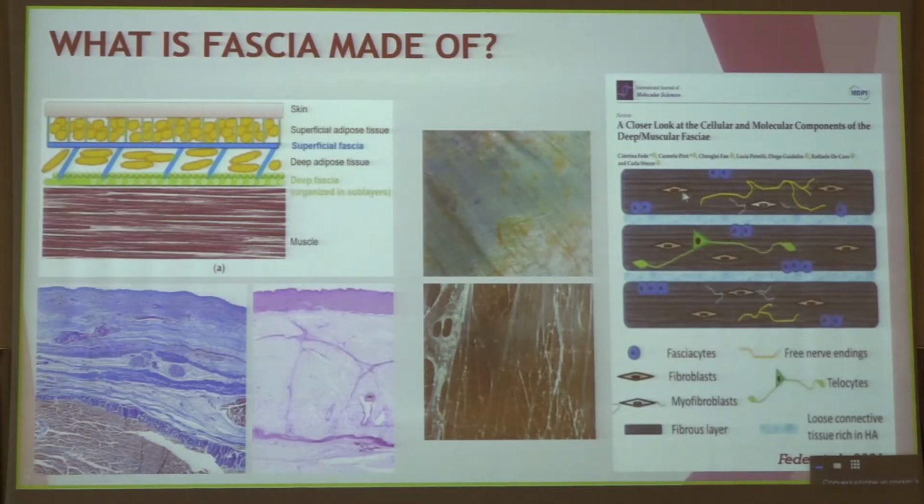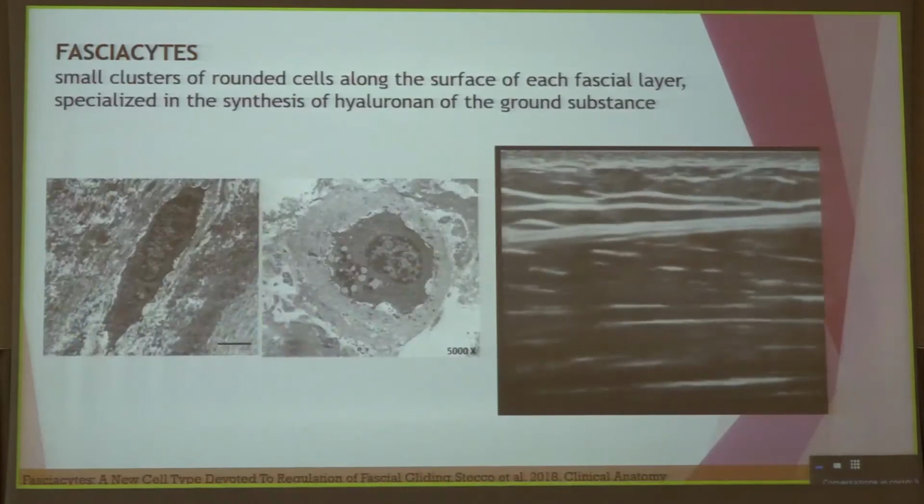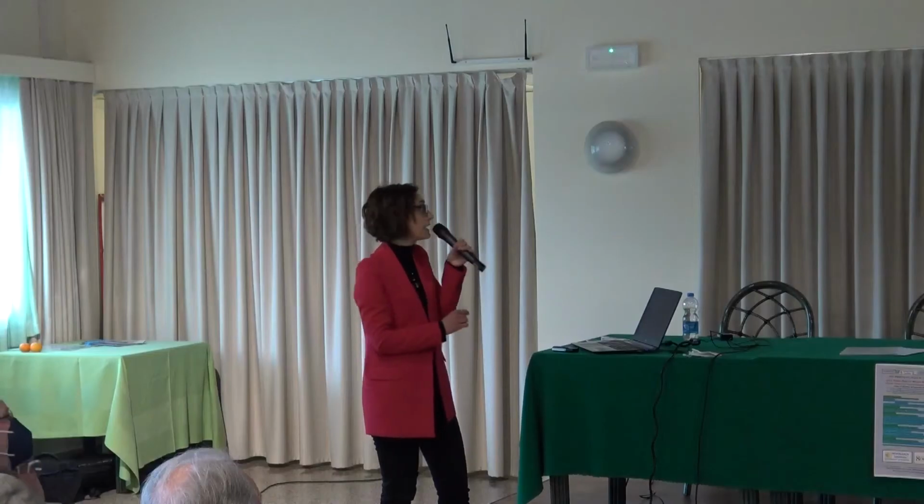The fibroblasts synthesize the collagen fibers. There are myofibroblasts, telocytes, nerve fibers, but we found also these rounded cells in small clusters, and these cells are at the borders between the different layers, and we named these cells fasciacytes. They are fibroblast-like cells.